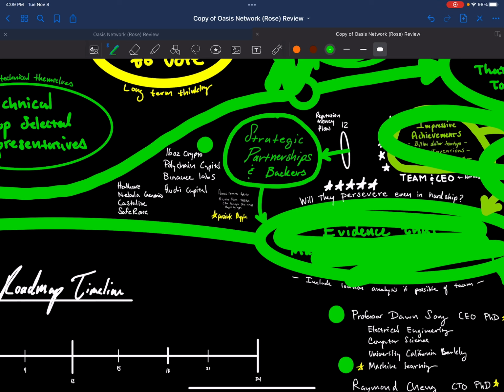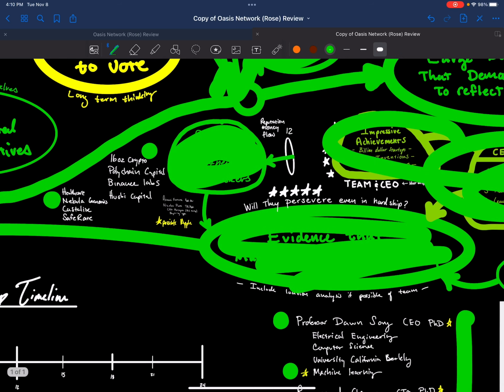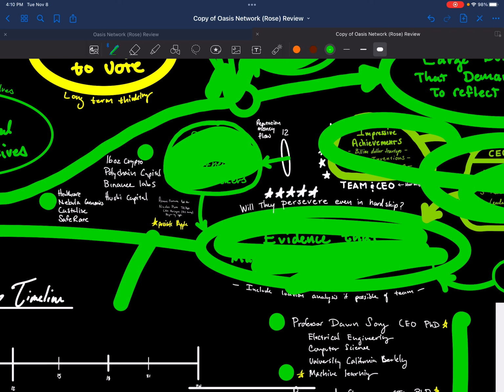It's got a lot of venture capital behind it, such as Andreessen Horowitz, which is a16z crypto, Polychain Capital, Binance Labs, Huobi. Some of the partners are Healthcare, Nebula Genomics, SafeRate. So there are some people that are using their services. Now, they possibly might have some kind of partnership with Apple.